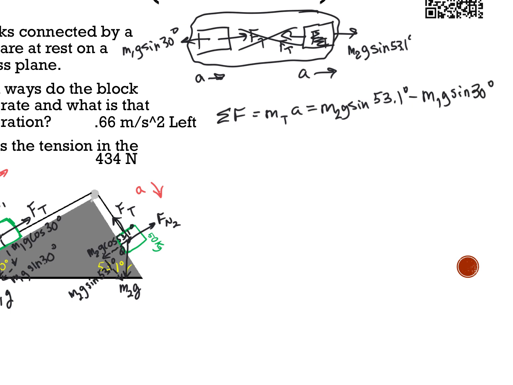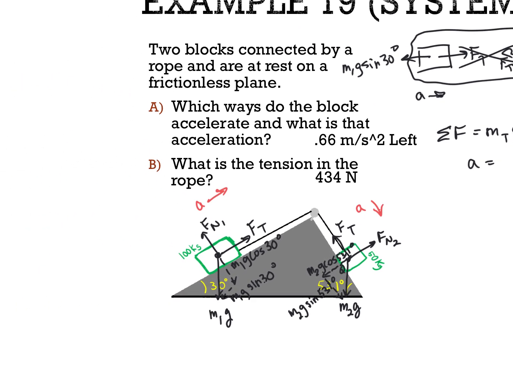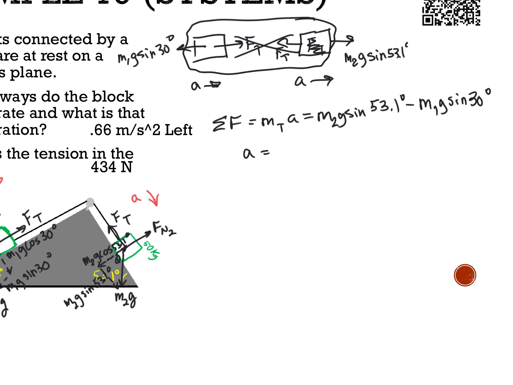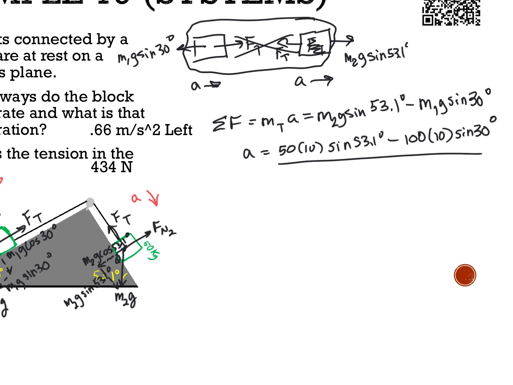So acceleration is going to be 50 times 10 times the sine of 53.1 degrees minus 100 times 10 times the sine of 30, all divided by 50 plus 100, which is 150.